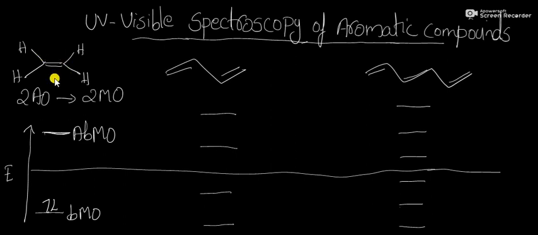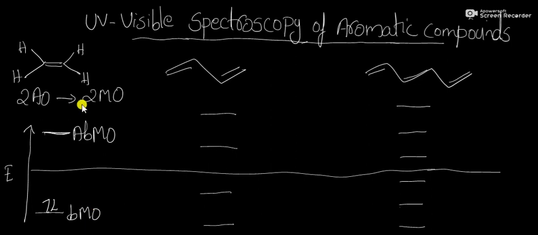Due to the presence of pi electrons, it has pi to pi star transitions. That is, the two pi electrons are filled in the bonding molecular orbital.